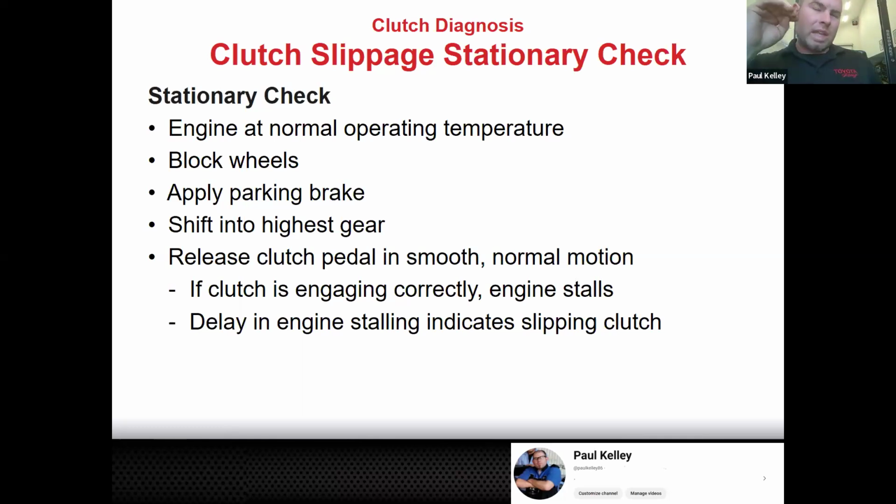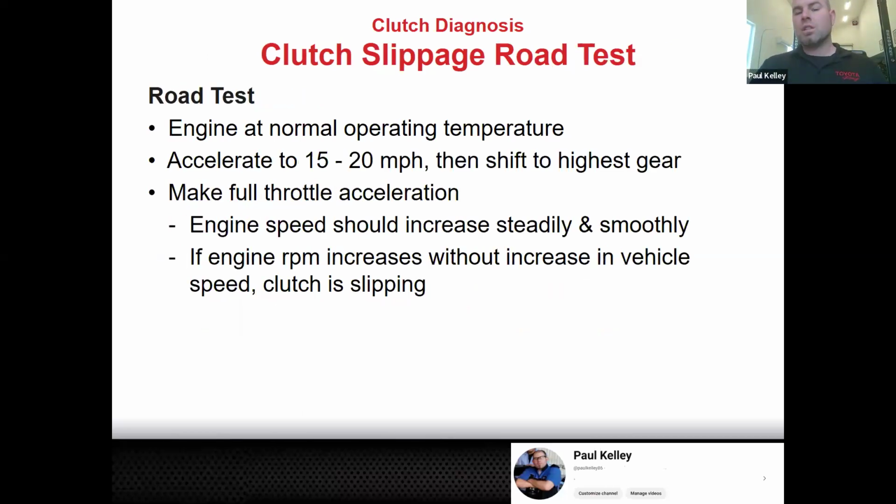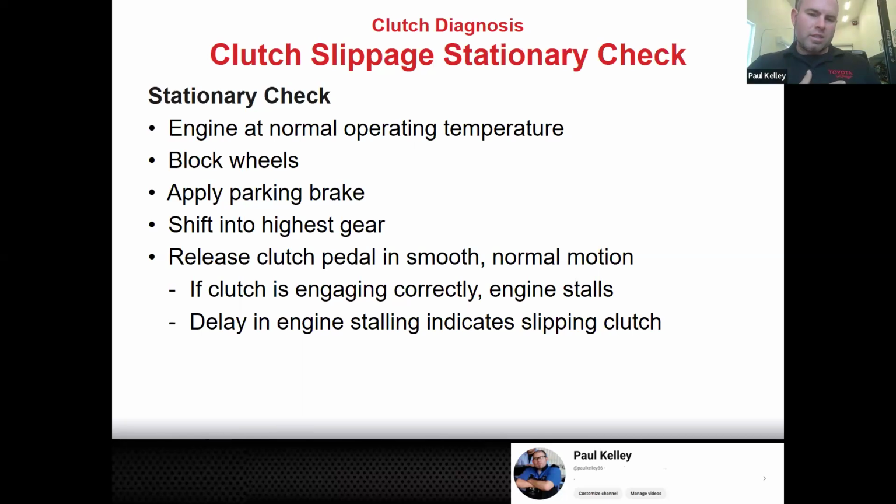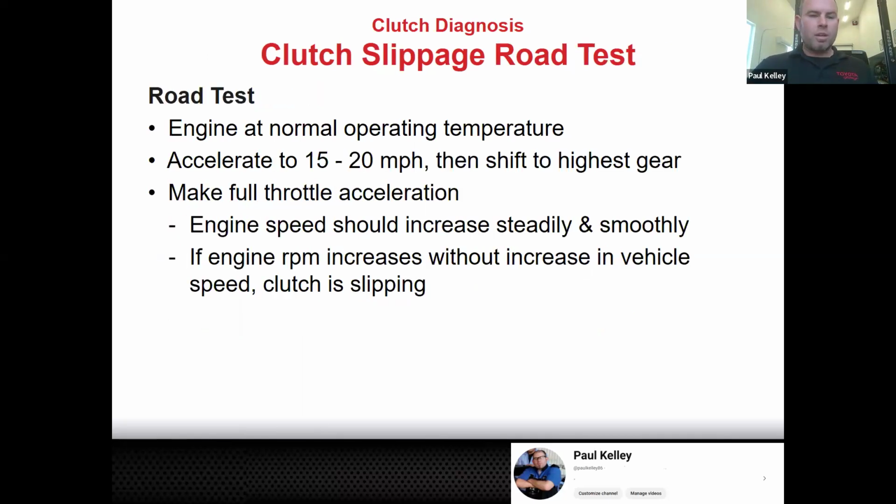But this is how you guys are going to do it. How I would actually do it is a little more like this, because this is going to put a lot more strain on the clutch, right? This is sort of like the doctor listening to your heart and doing some tests. This one's like, hey, get on the treadmill, Tubby. Get up to speed. Let me check your heart. You know what I'm saying?